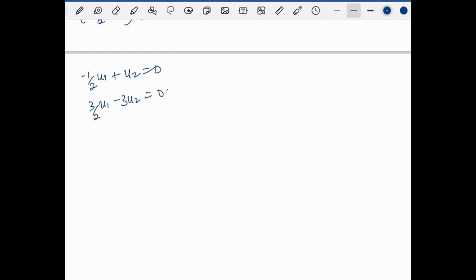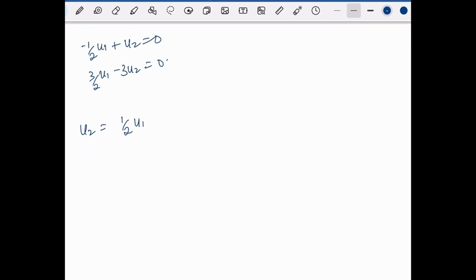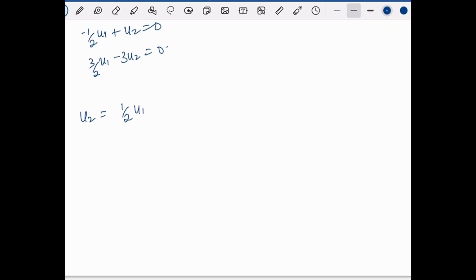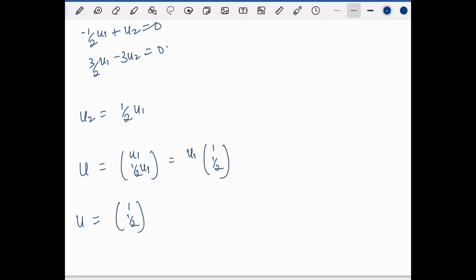So we are going to have u2 equals 1/2 u1. So we know u2 in terms of u1, but we don't know u1. So our vector u will now be u1, 1/2 u1. Factorize u1 out to get 1, 1/2. So your vector is giving us 1, 1/2.